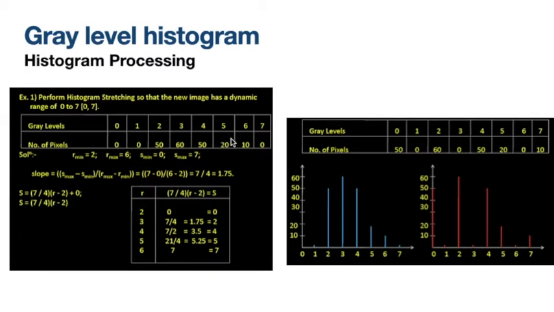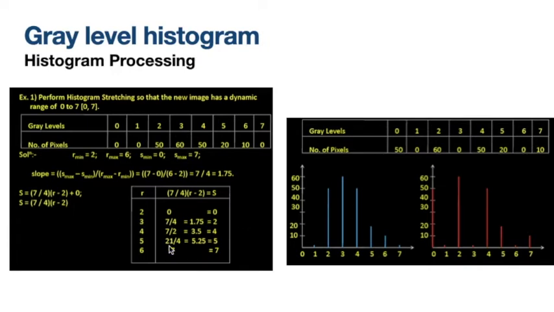Then next is 5. This 5 corresponds to 5 in the original image, so the corresponding number of pixels is 20. Then for 6, there is no 6 here, so the number of pixels is 0.